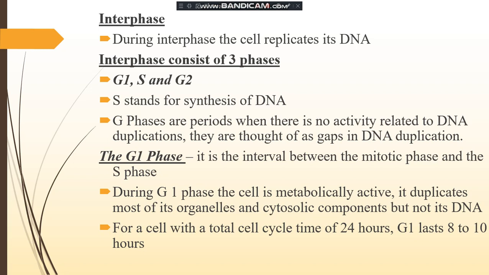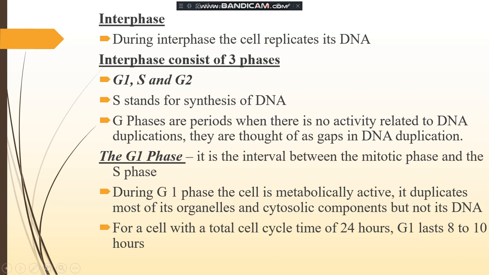Here, the cell is metabolically active and it duplicates most of its organelles and cytosolic components but not its DNA. DNA is present inside the nucleus, right? So in this G1 phase, the division of cytoplasmic organelles will be happening, but no DNA division. That is, nothing will happen to the nucleus, only the organelles.